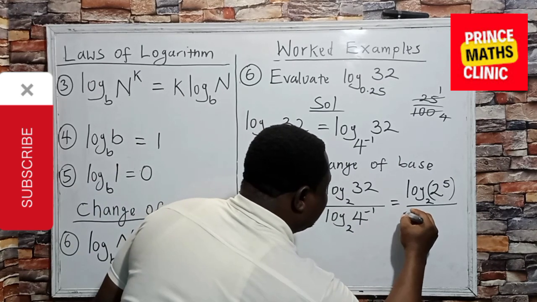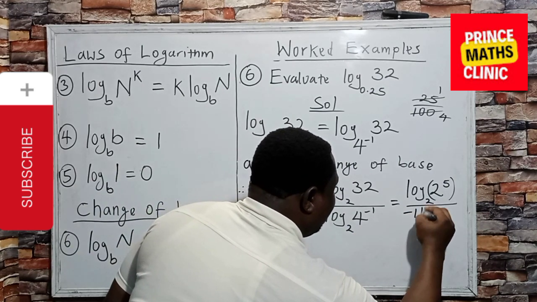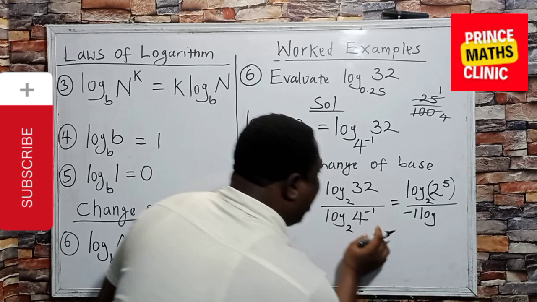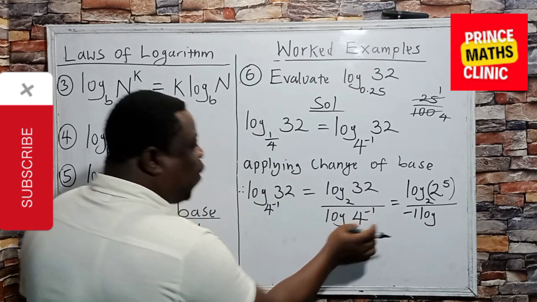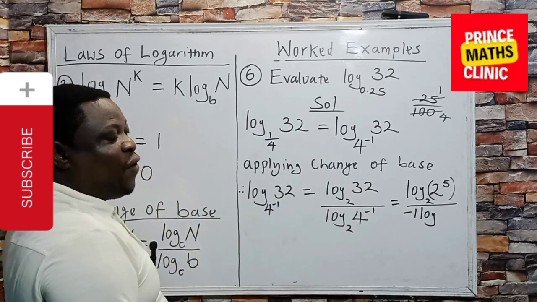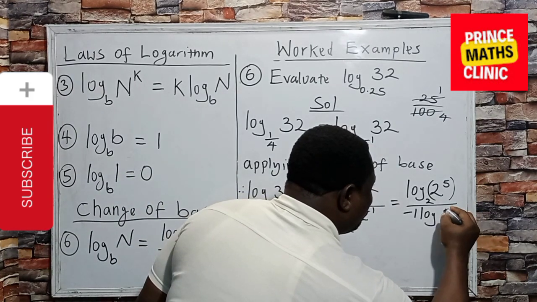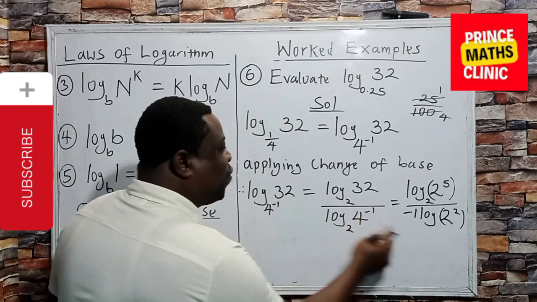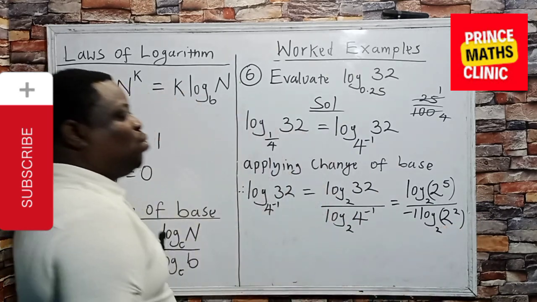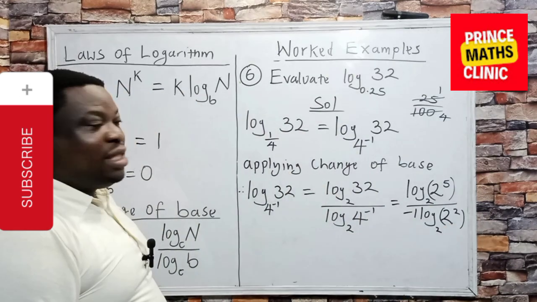This becomes -1 log. Now, this 4 is left here, and 4 can be expressed as what? 2 to the power of 2. This is still the same as 4. Then the base, of course, is 2. You can see.